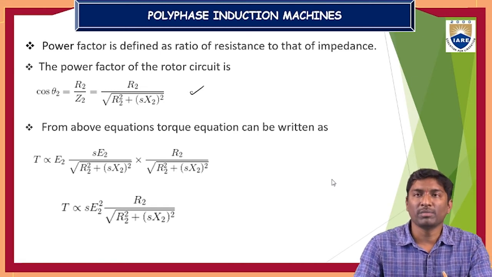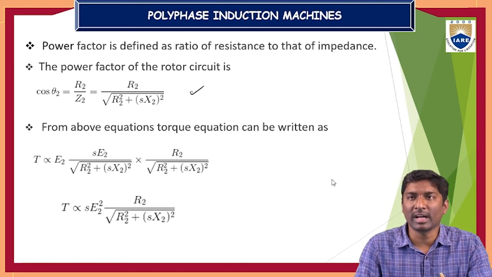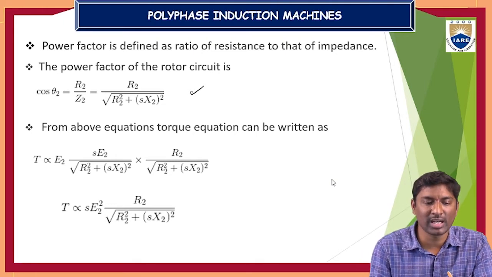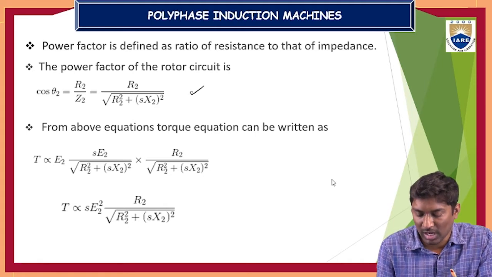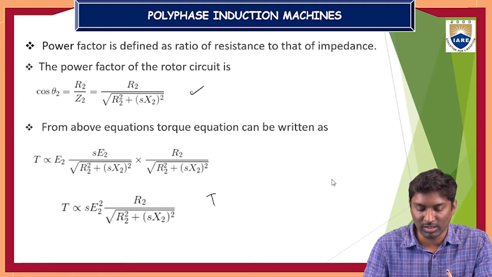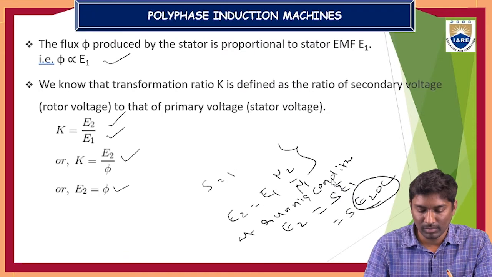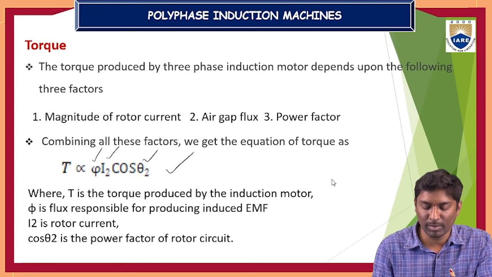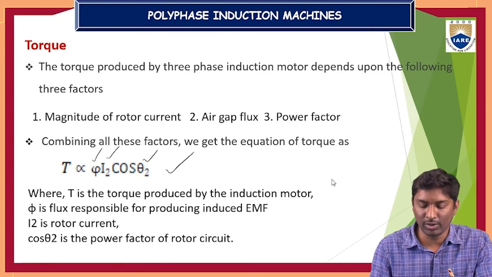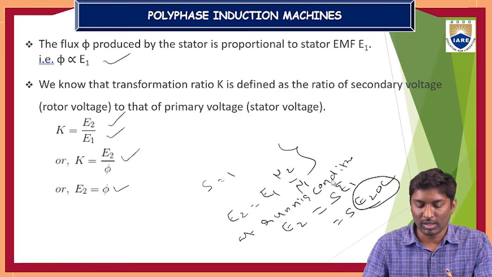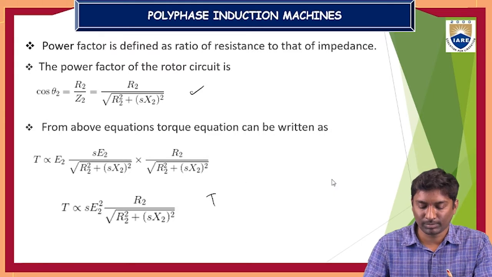From the above equation, under running conditions, the torque equation can be written. Torque is directly proportional to phi into I2 into cos phi 2. This is what I am considering for the torque equation.